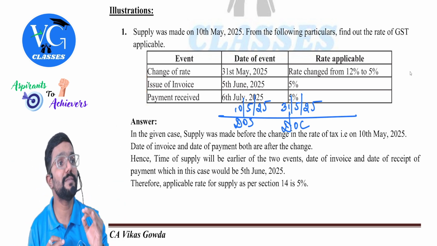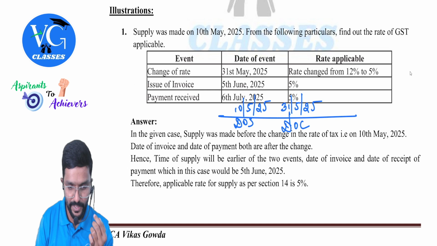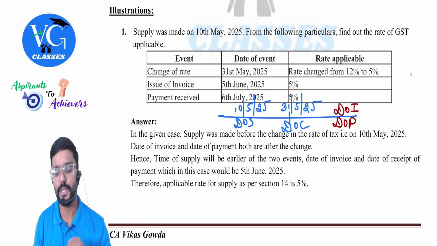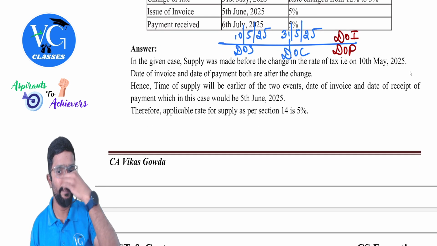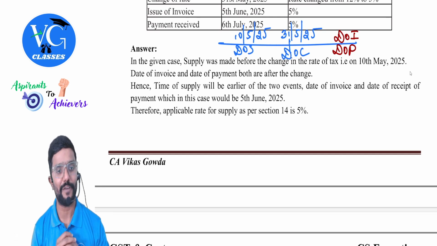What should we do? Take whichever is earlier. Date of payment is also on this side, whereas date of invoice is also on this side. In the given case, supply was made before the change in the rate of tax, that is on 10th May 2025.